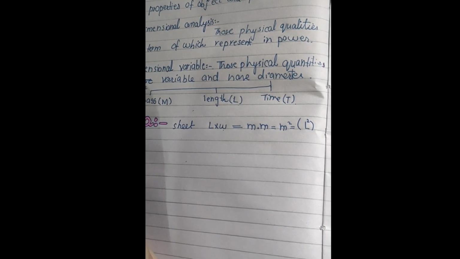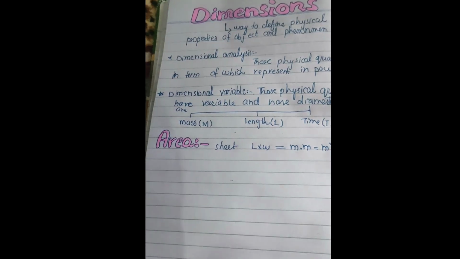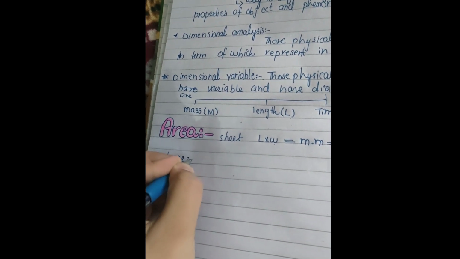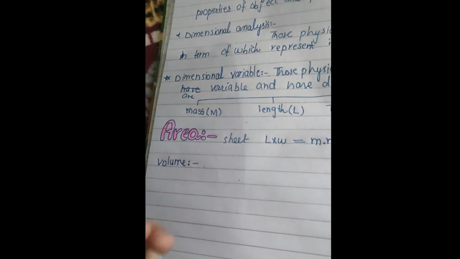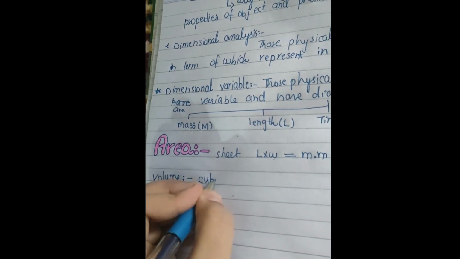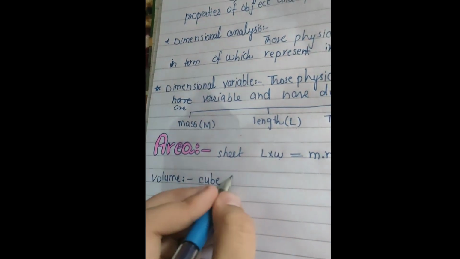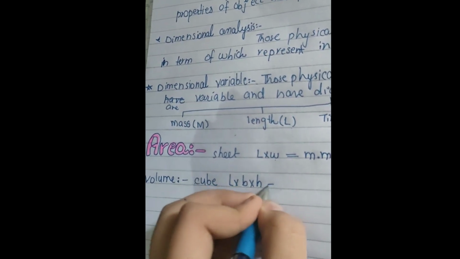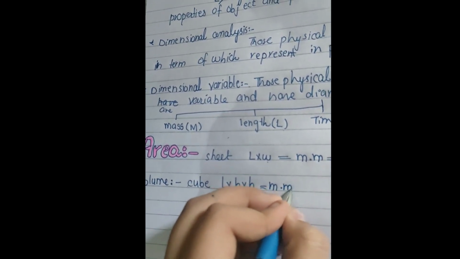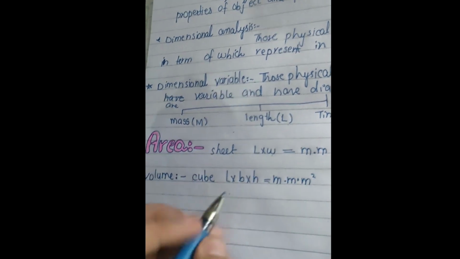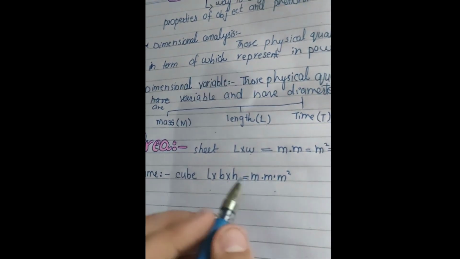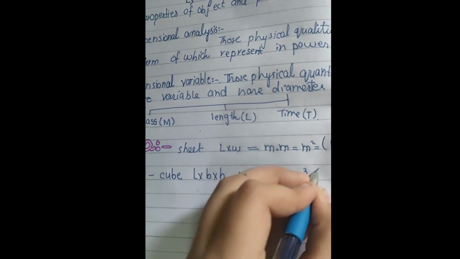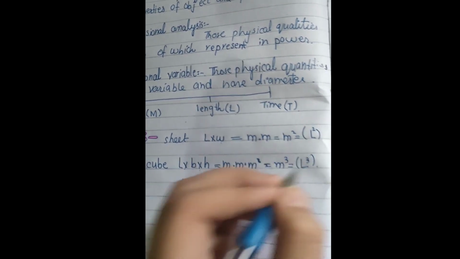Now let's find volume. Volume of the cube: for a cube we have the formula length multiplied by breadth multiplied by height, so meter multiplied by meter multiplied by meter. All three quantities have the unit meter, so it is meter cube, which is equal to length cube.